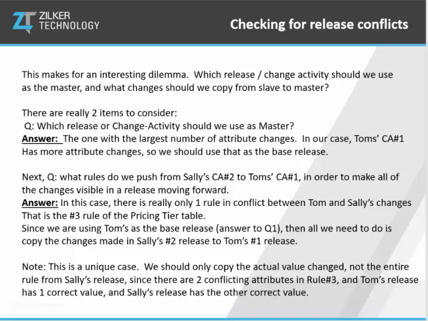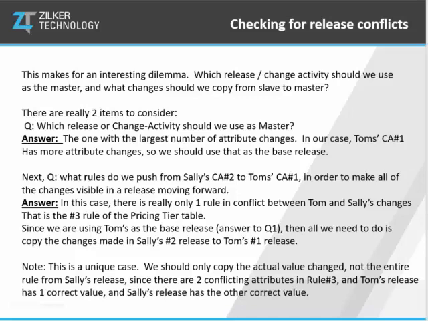Now the second item is, what rules do we push from Sally's change activity number 2 or release 2 to Tom's release 1 in order to get all of Sally's information over to Tom's so that we can move forward with Tom as the master release.